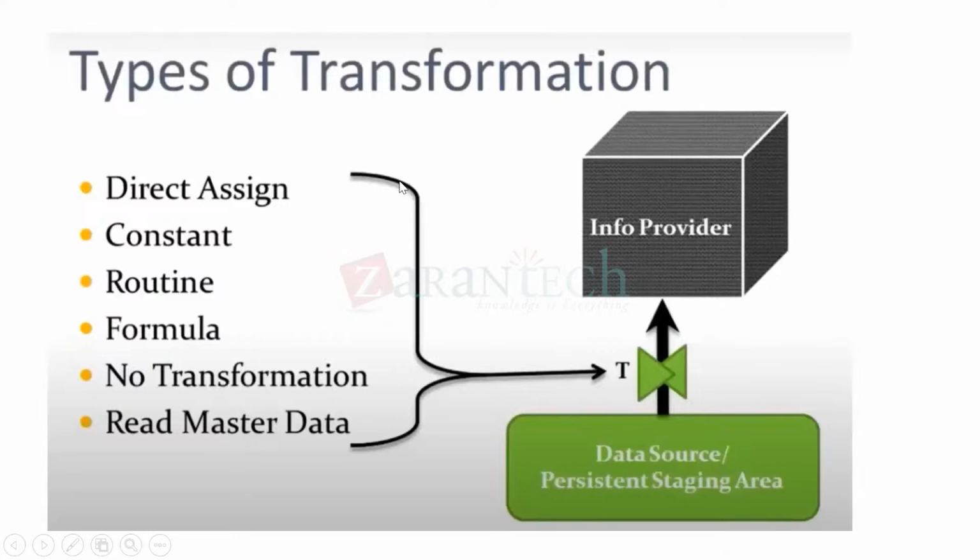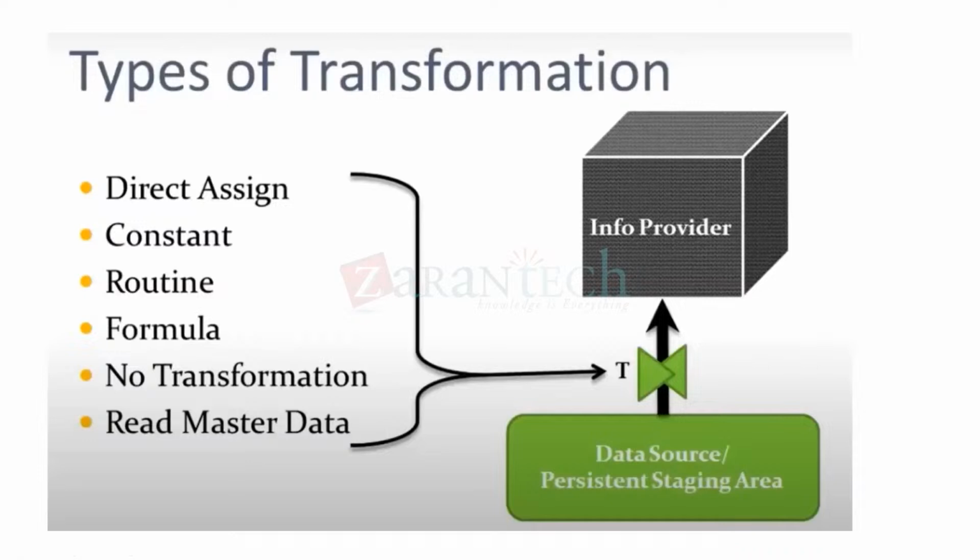We have direct assignment. So far we have seen only the direct assignment type of transformation, and there are some other transformation types which can be used while loading the data. For instance, if you want to use a constant value, we can use the constant transformation type. If you want to write an ABAP code to do the transformation, you can use a routine.